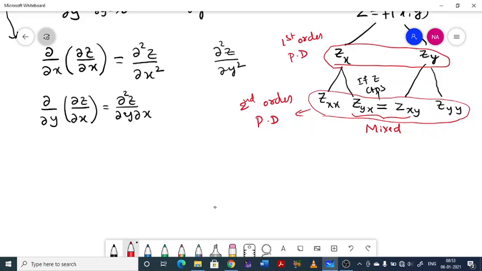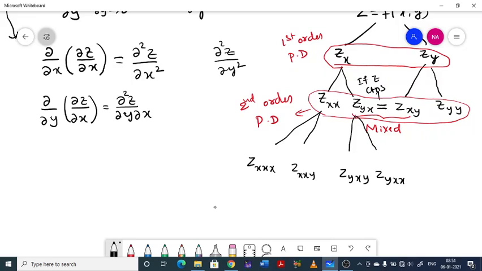Can we continue this process? Sure. You can differentiate z double x with respect to x again, and you get z triple x. If you differentiate z double x with respect to y partially, you get z double x y.